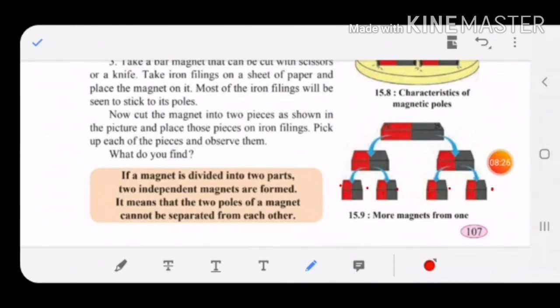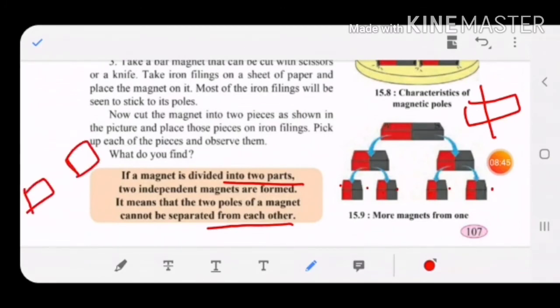From this you come to know that if a magnet is divided into two parts, two independent magnets are formed. If one magnet is cut, you get two magnets. It means the two poles of a magnet cannot be separated from each other. Every time you go on cutting a magnet, you will always get two poles, a north pole and a south pole.